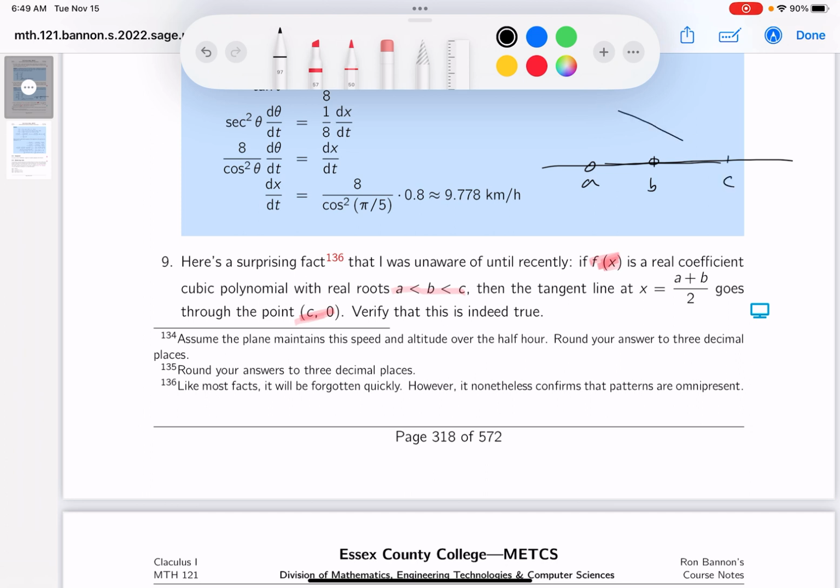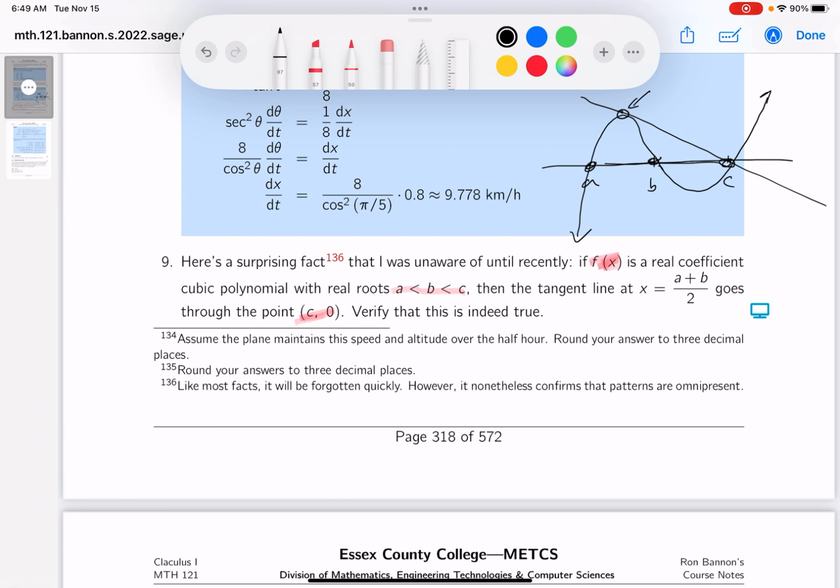Let me draw a tangent line through there, and just draw the cubic in now. The cubic's going to look sort of like this. Again, it's not perfectly drawn, I realize that.